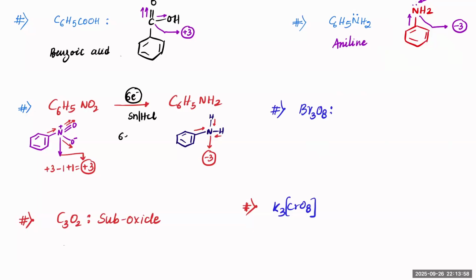So 6 electrons are equivalent to 6 nascent hydrogens. So question could be either in terms of nascent hydrogens or in terms of electrons. Okay. In either format it is asked, you should know what is the answer. So remember from here +3 to -3, a change of 6 electrons.